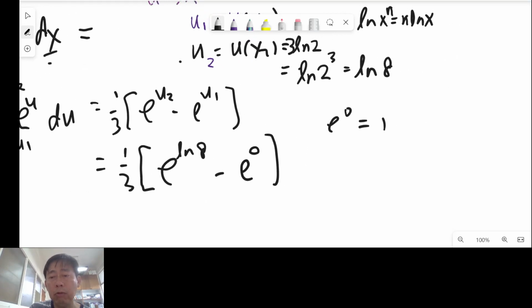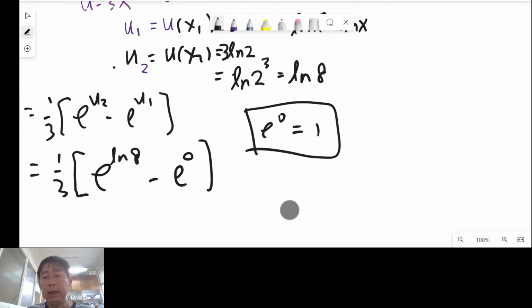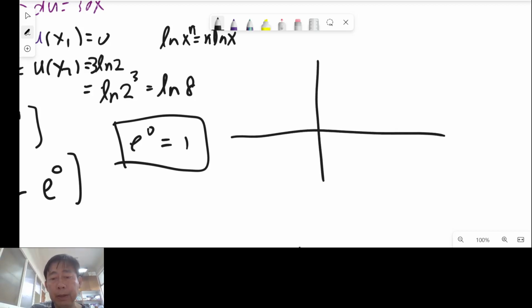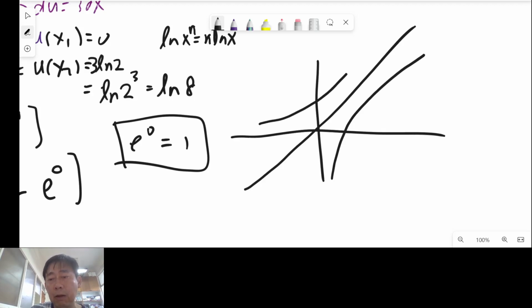Now, how do you know e^0 is 1? You can understand that e^0 equals 1 again from the construction of the exponential function from the logarithmic function. For the logarithmic function, when x equals e, the value at this point is 1 by definition.